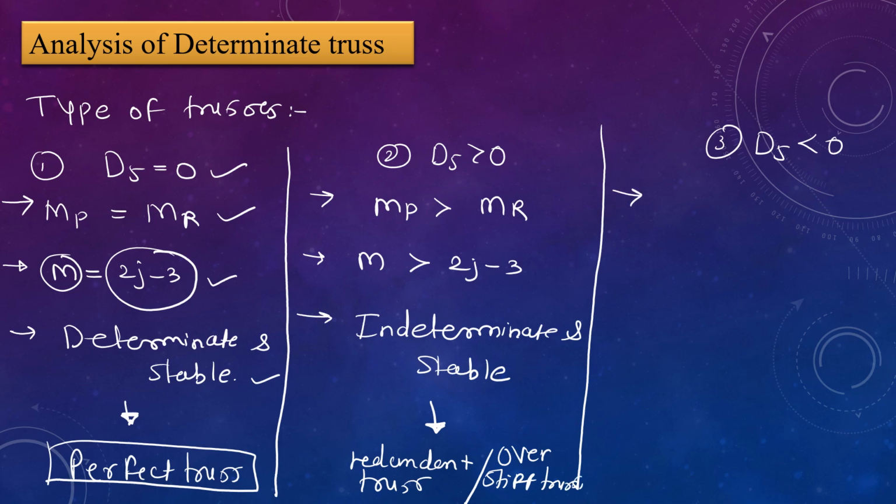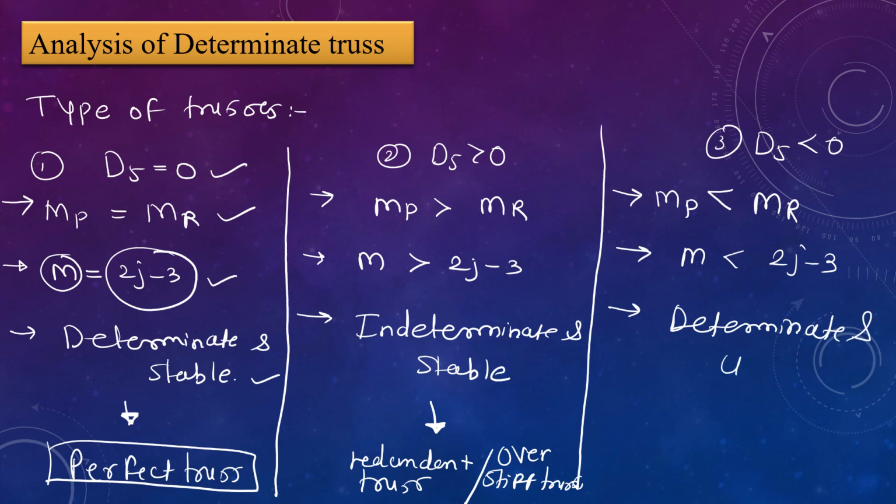Then next is ds less than 0. If ds is less than 0, then member provided is less than member required, and the number of members is less than 2j minus 3. Then that structure is determinate and unstable.